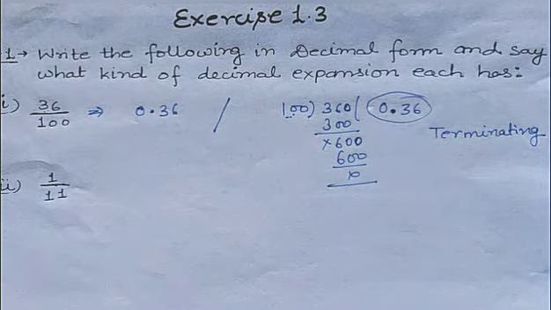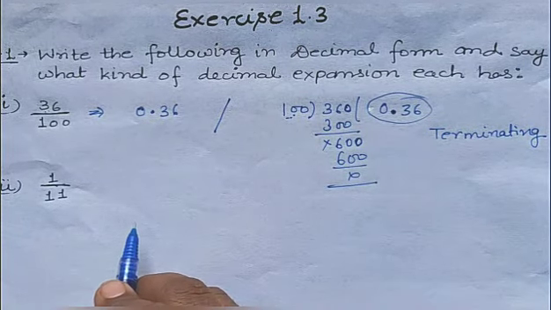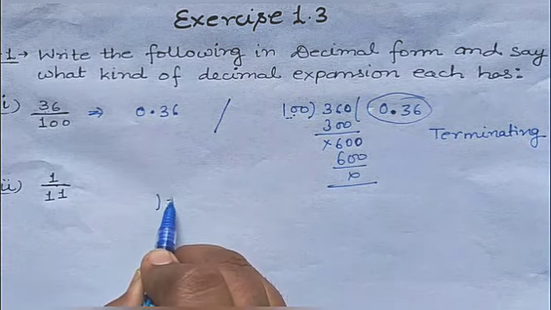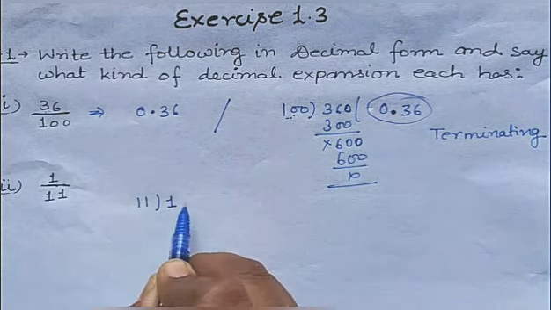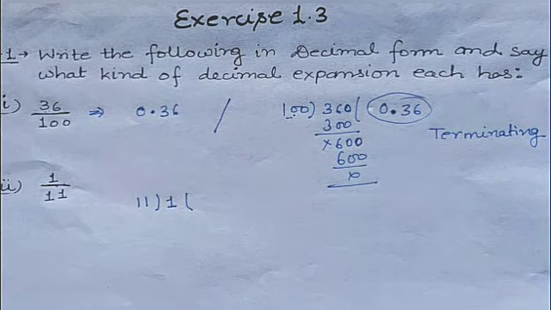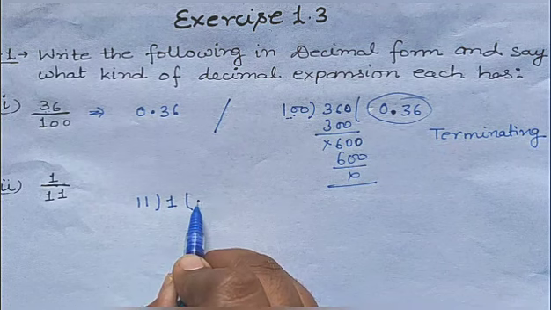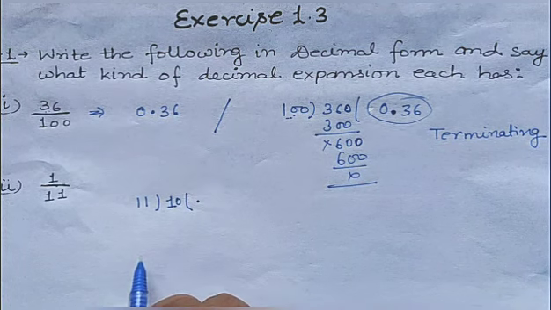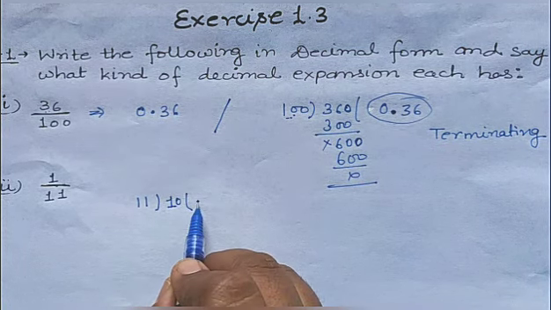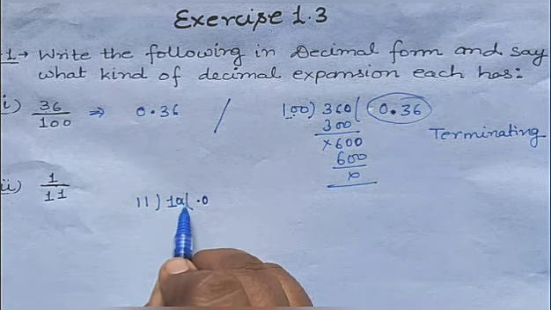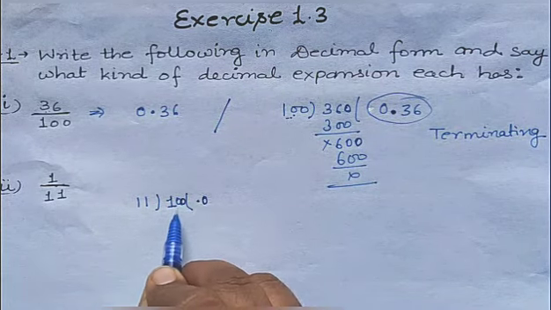The second part is 1 upon 11. 1 upon 11 means you have to divide 1 by 11. So see, firstly put the decimal point, so it is 0. Because of this point, you have to add one more 0, since 11 will not divide 10.